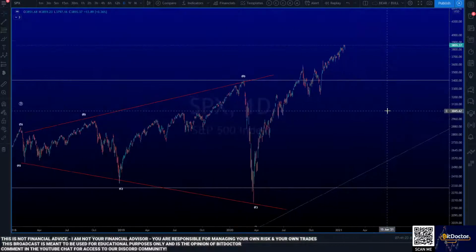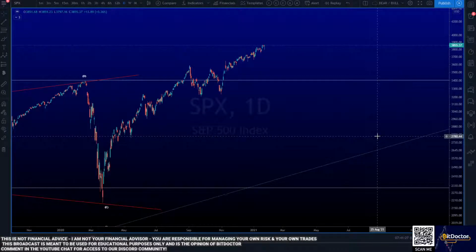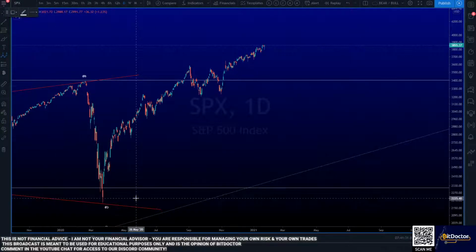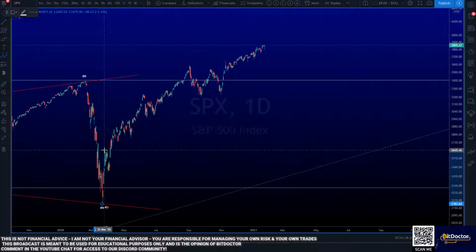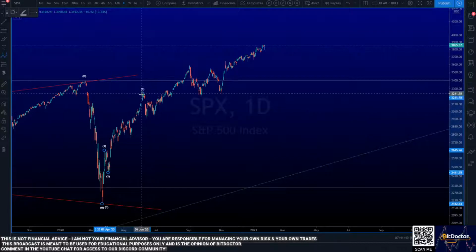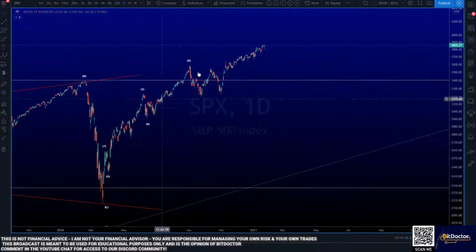So off of that E, which is also the bottom of wave 4, we're expecting to go up in 5 waves. All right. So it has been clear this whole time, for the most part, that this looks like a 1, 2, 3, 4, 5. It's been pretty clear that that has been 5 waves up.